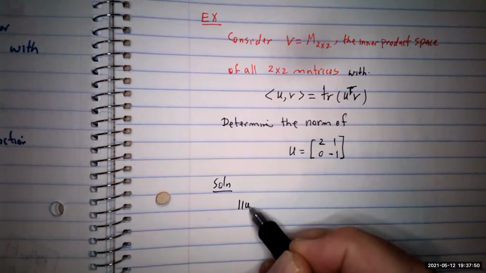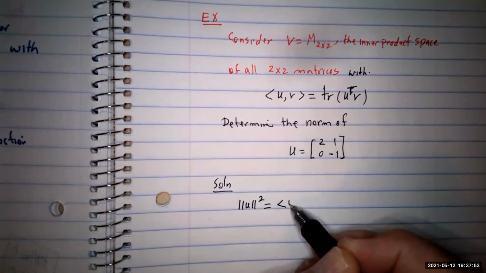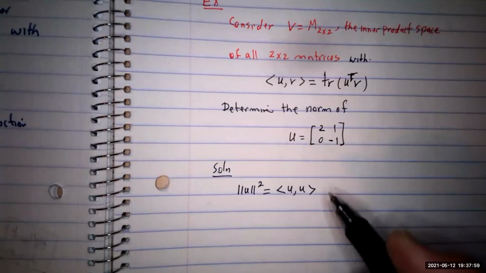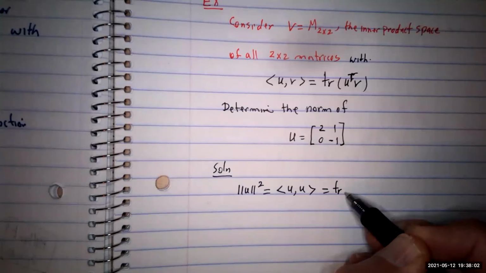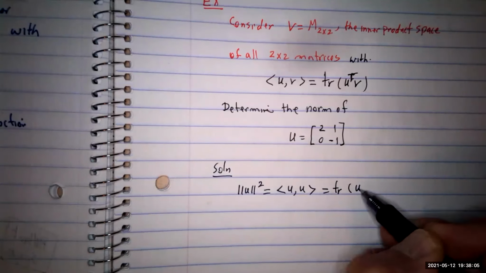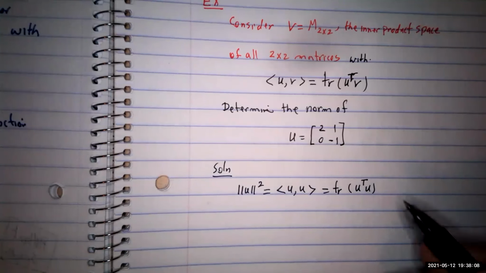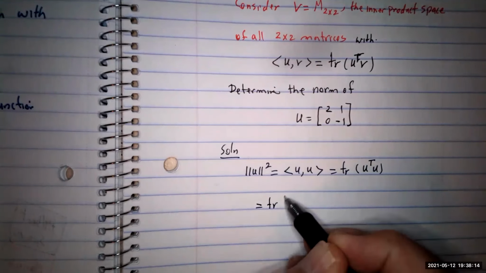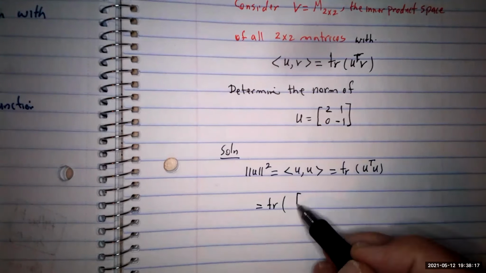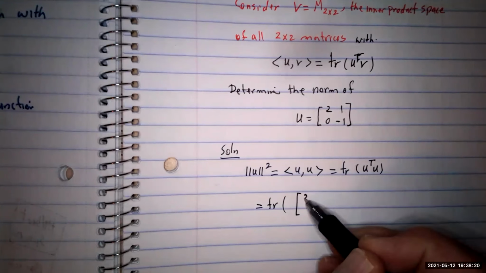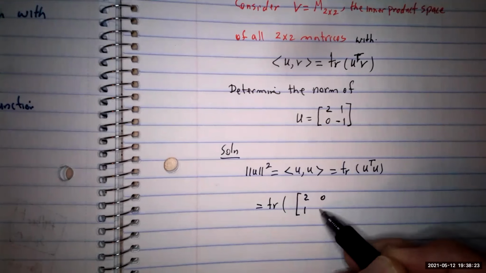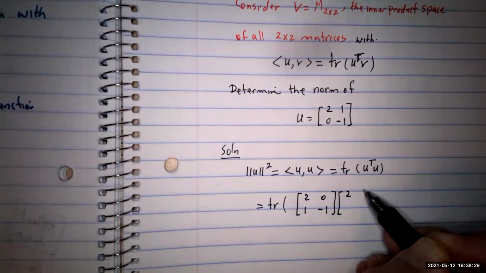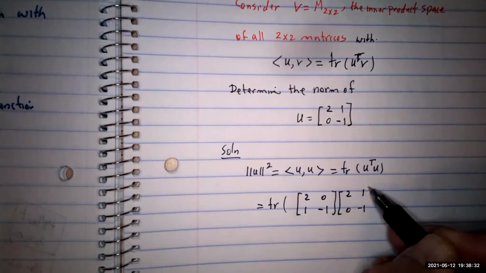Go with the norm of U squared, which is going to be the inner product of U and U. In this case, this is going to be the trace of the matrix U transpose times U. So it's going to be the trace of U transpose, which switches the entries: 2, 1, 0, negative 1 is the transpose, multiplied by the matrix 2, 1 over 0 and negative 1.